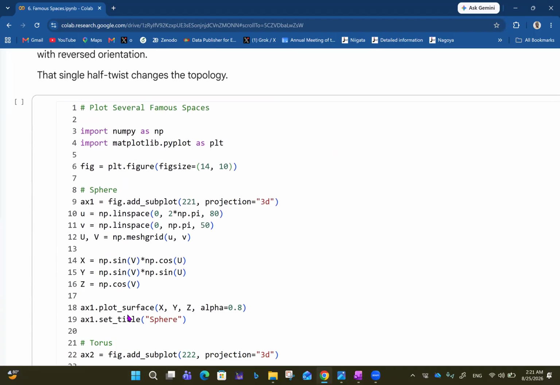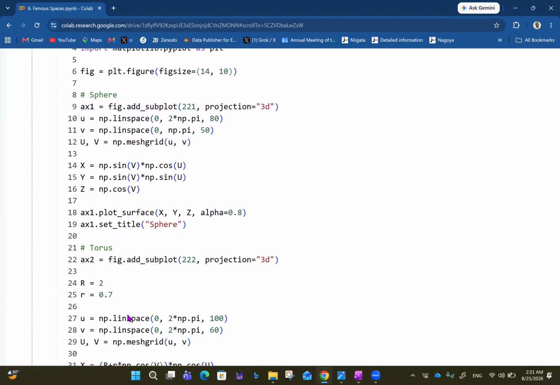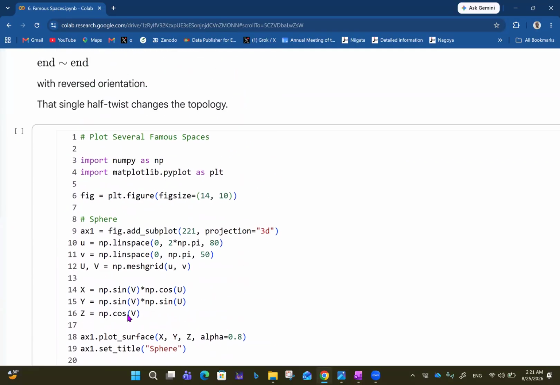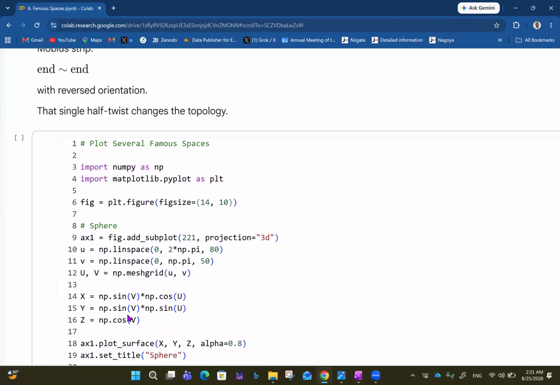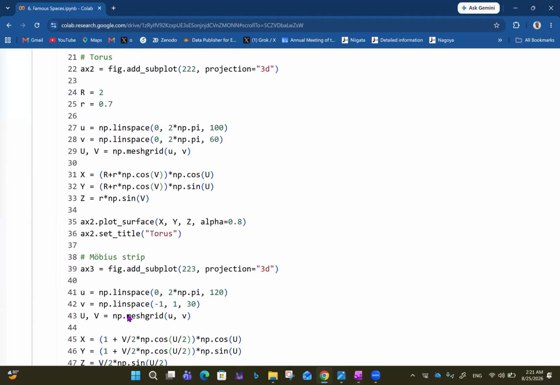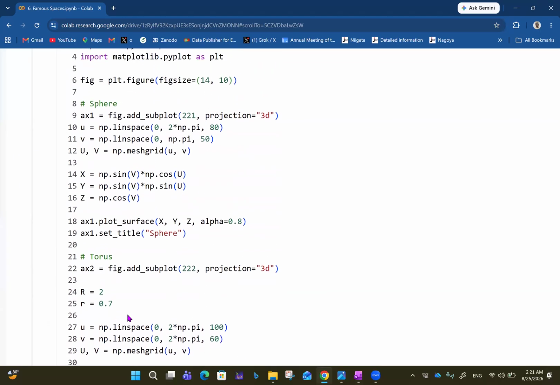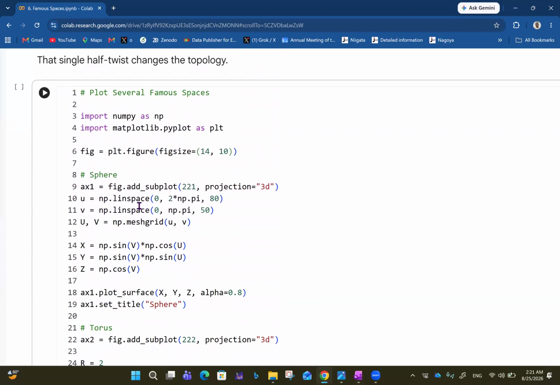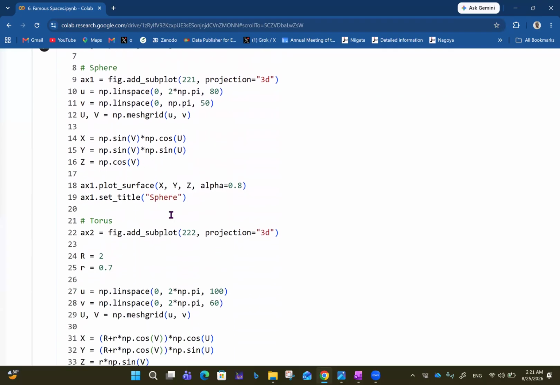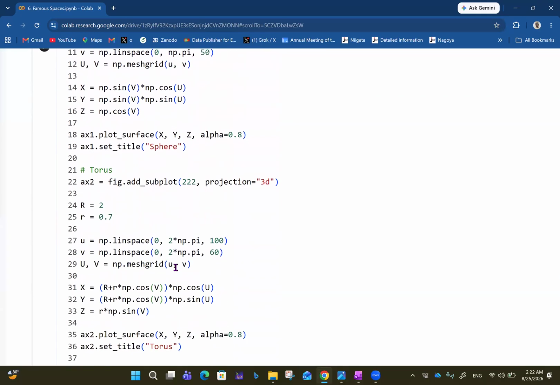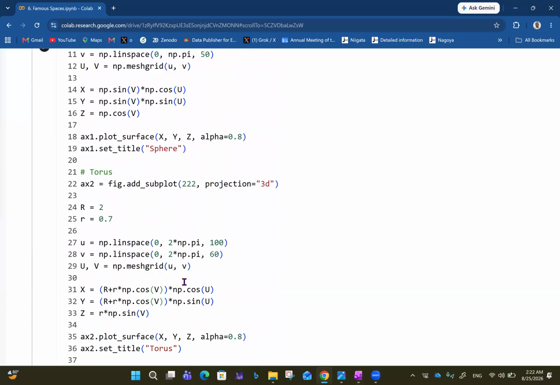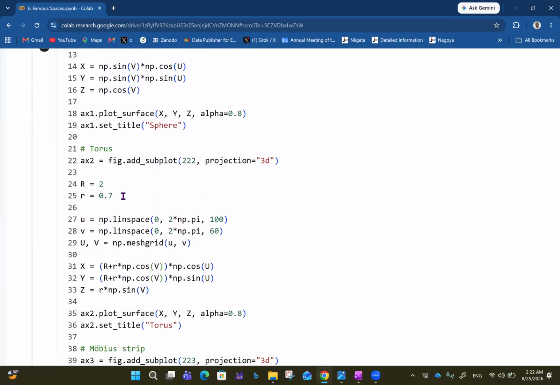So we have a comprehensive plot of several famous spaces, apart from what I showed initially. We've seen these formulas. For the sphere, you declare u and v, and you put them into the sine and cosine expressions. Then you have the torus this way, which, based on the definition, needs a big R and a small r.